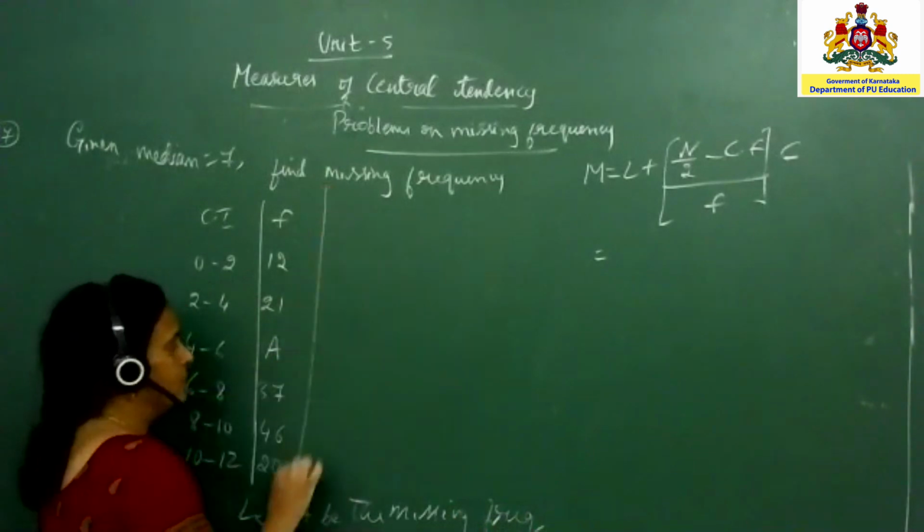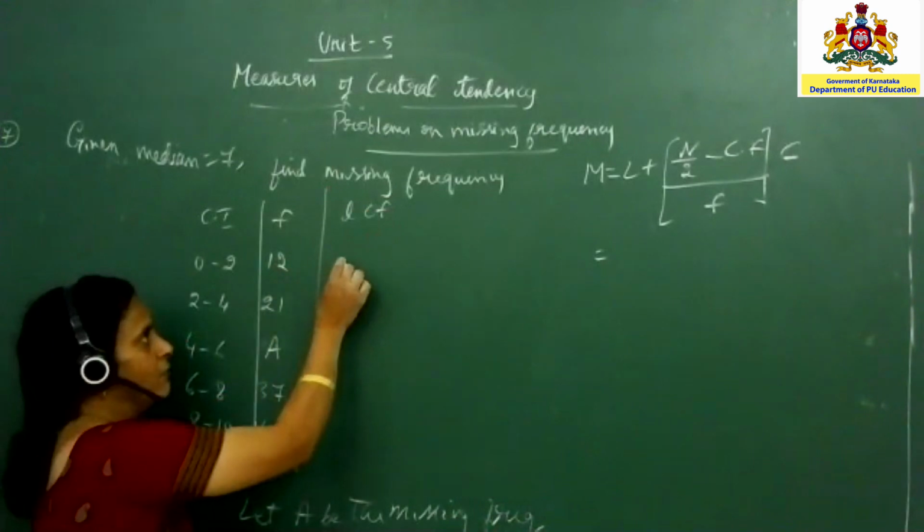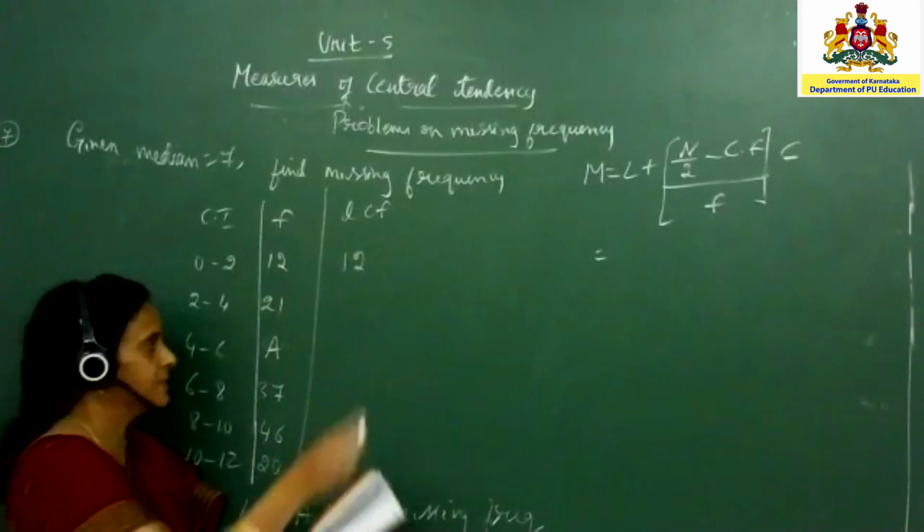Okay, next one, I'll just take the cumulative frequency. I'll just add up the same way like how we did the previous one. So 12 plus 21, I'll just give the answer 33.